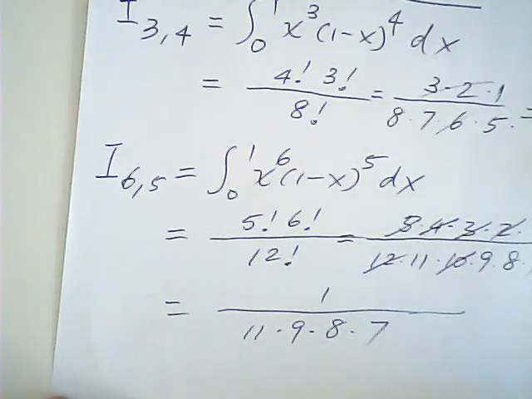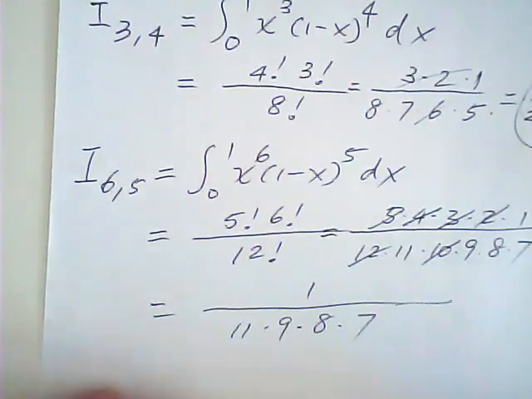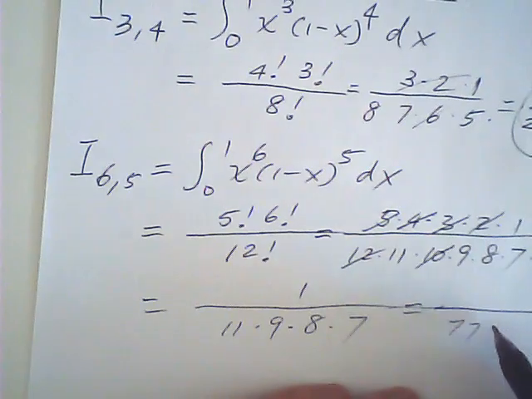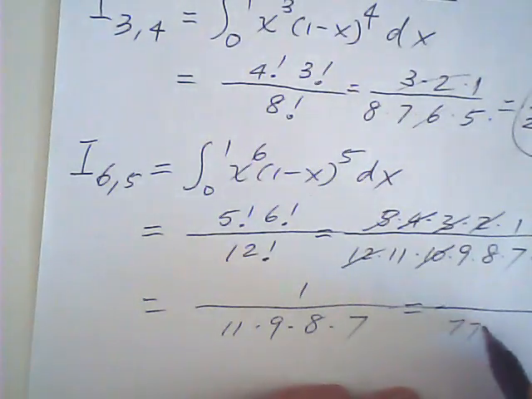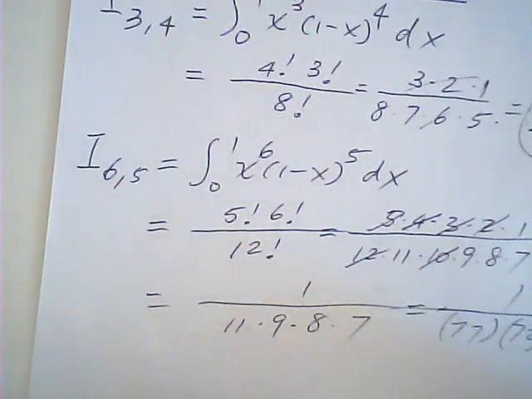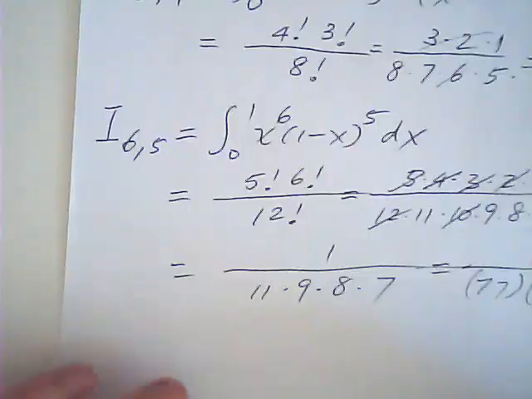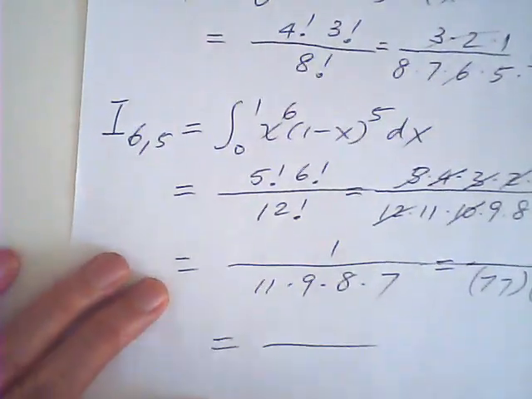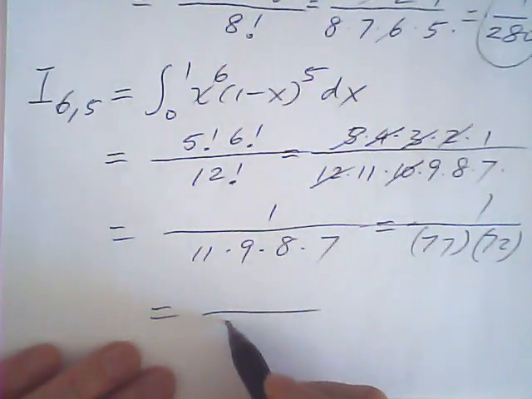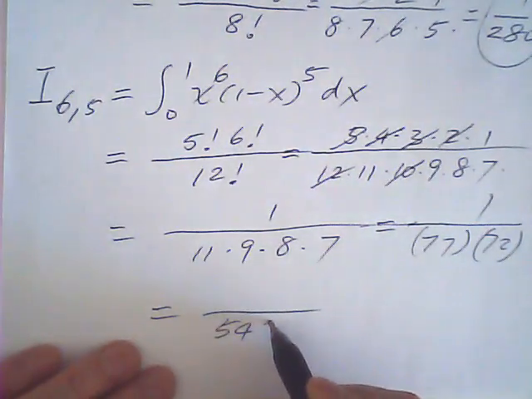This is equal to 77 times 72, which is equal to 1 over 5544.